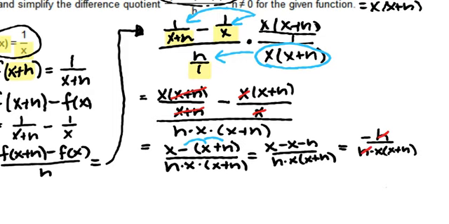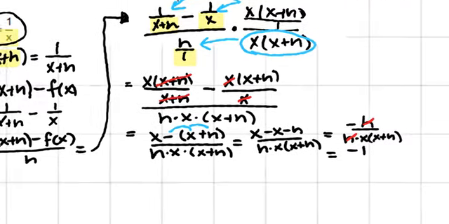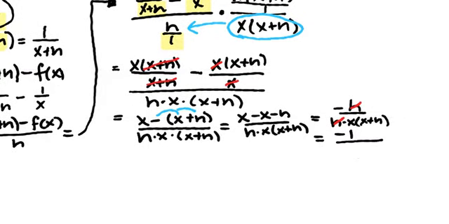The h's cancel, and we're left with negative 1 over x times x plus h. And that's as far as we're going to simplify this difference quotient.